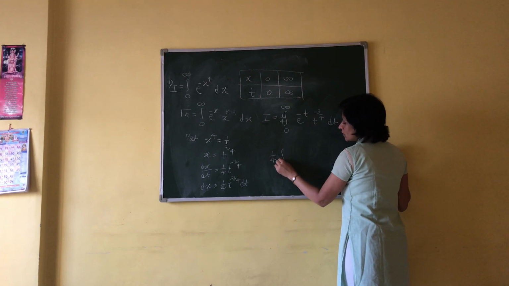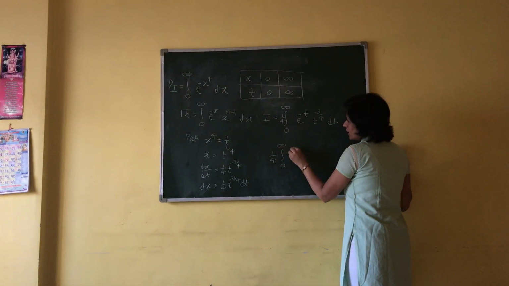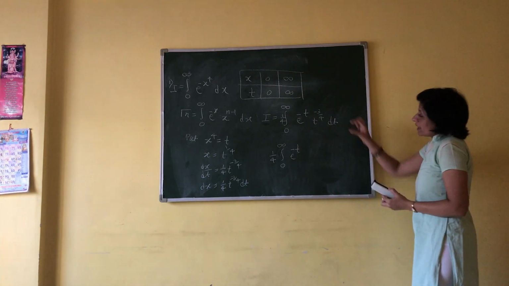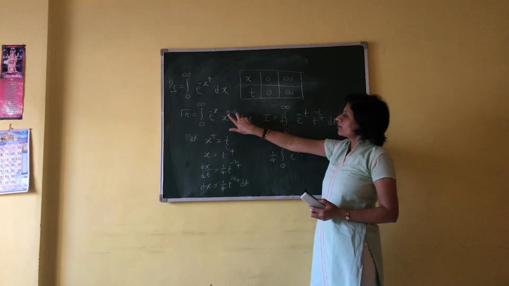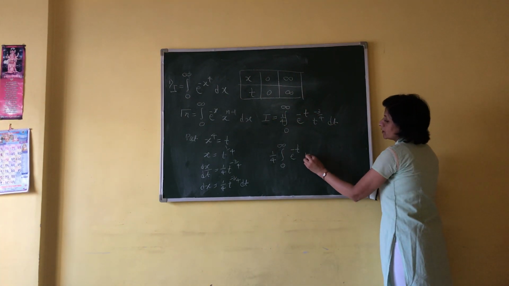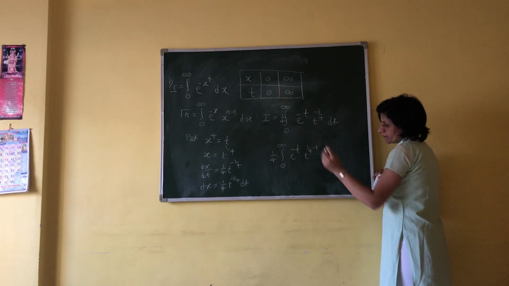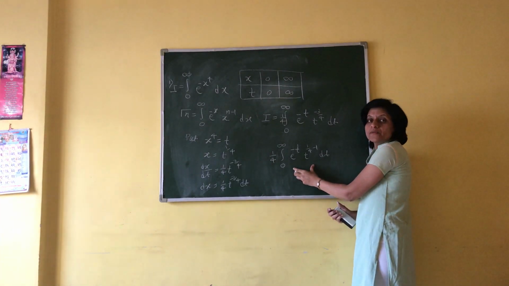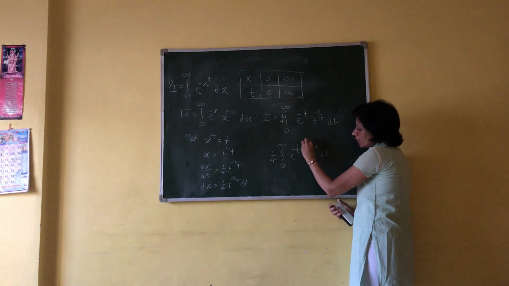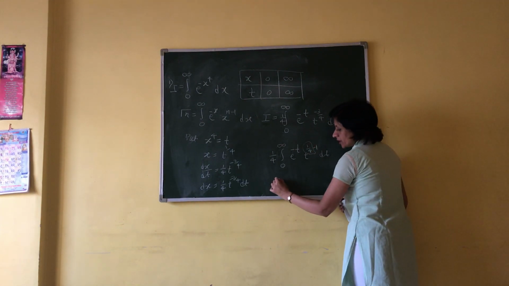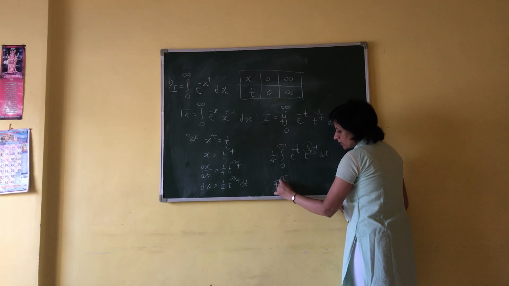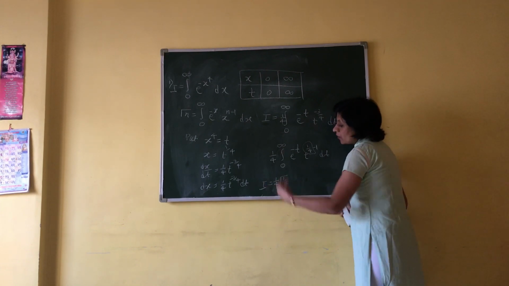Therefore, 1 by 4 into integral from 0 to infinity e raised to minus t, write minus 3 by 4 in n minus 1 form, that is t raised to 1 by 4 minus 1 into dt. And we get the definition of gamma n, and here the value of n is 1 by 4. That is 1 by 4 into gamma 1 by 4. We get the value of I.